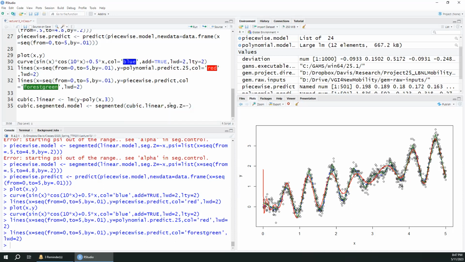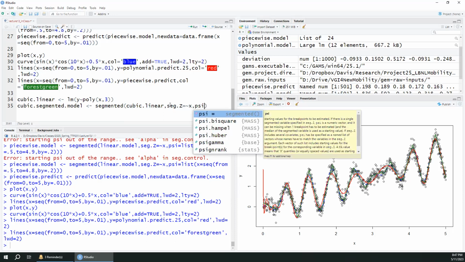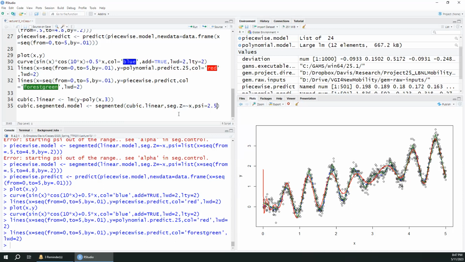So this is kind of like the first example. I have psi set to 2.5, so there is exactly one breakpoint halfway through.